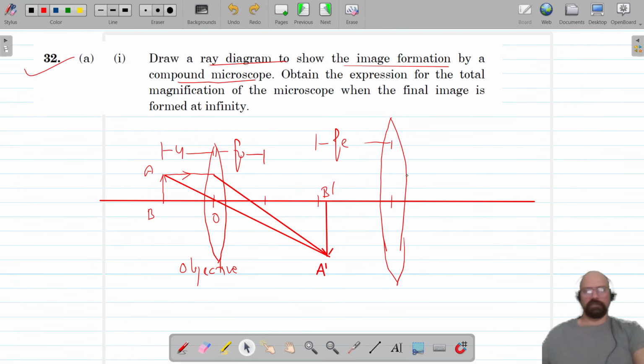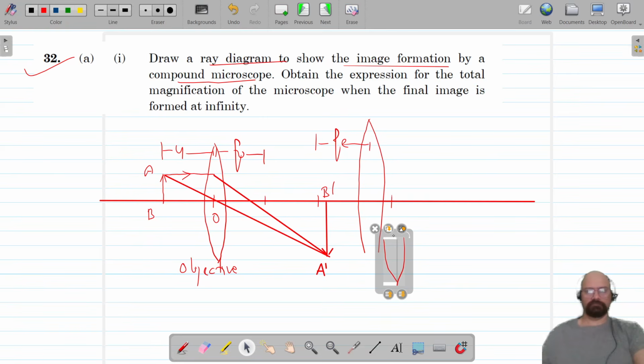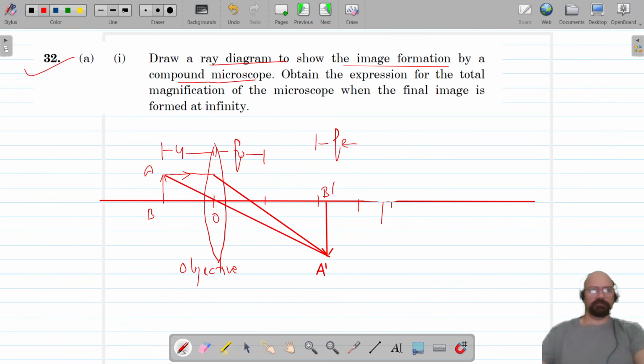Let's bring it closer. Okay, this be a large aperture eyepiece lens.